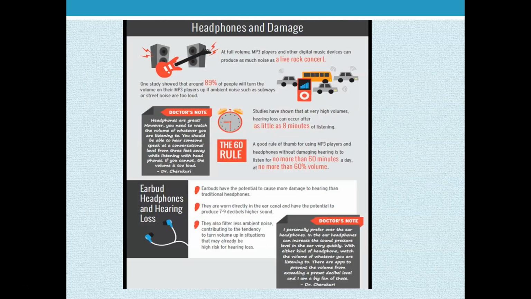One thing that I will mention, because y'all are young and I know I use headphones and you use headphones as well: one of the things you have to watch out for when you wear headphones is they are getting direct input into your ear canal in a way that outside loud noises really don't. So generally, they have the potential to cause more damage.